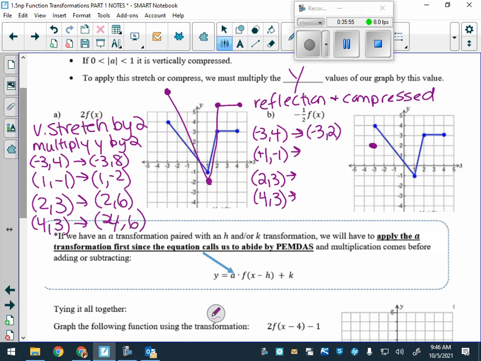How about 1, -1? Negative 1/2. Awesome. And then 2, 3 would be what? Good. 2 and -1.5.